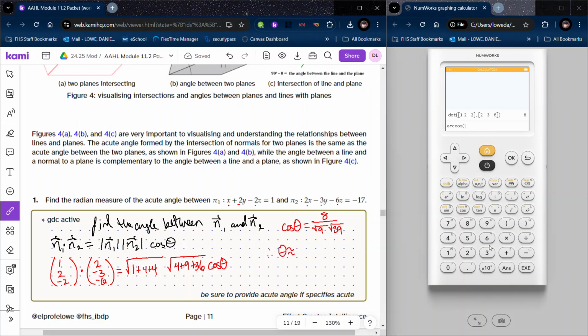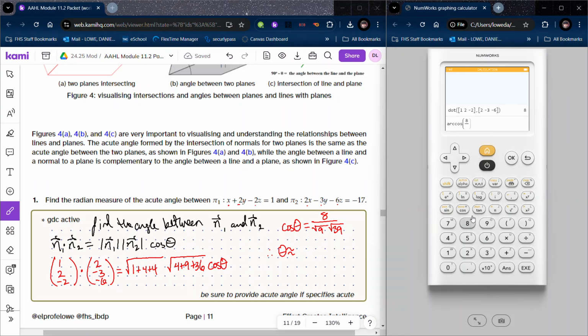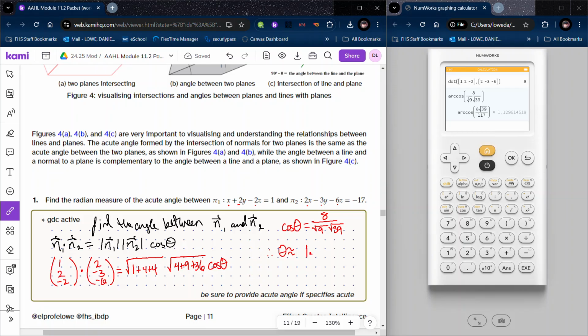Now I'm going to look at my inverse cosine of 8 divided by the square root of 9 times the square root of 39. That gives me my particular angle, and in this case, that angle is approximately 1.13 radians to 3 significant figures.